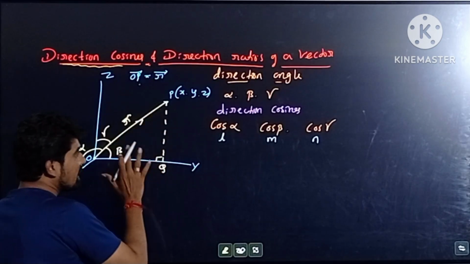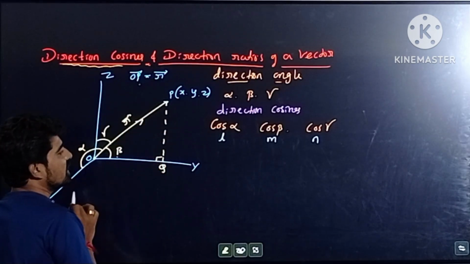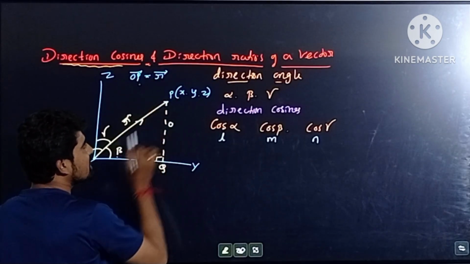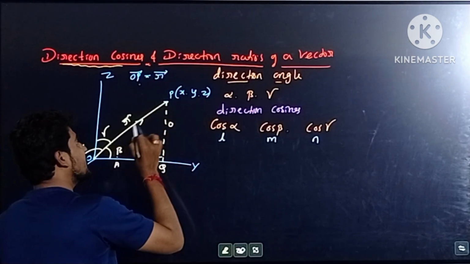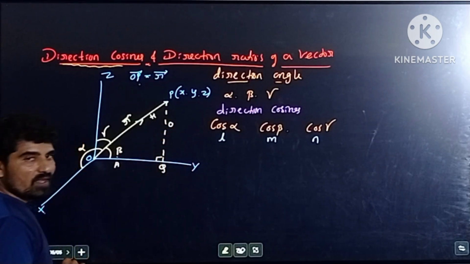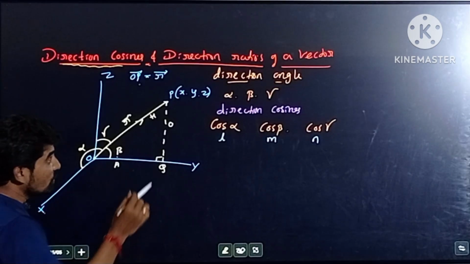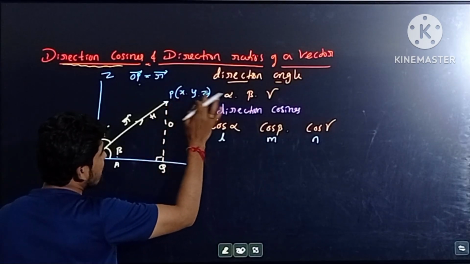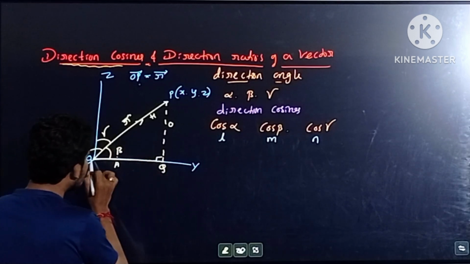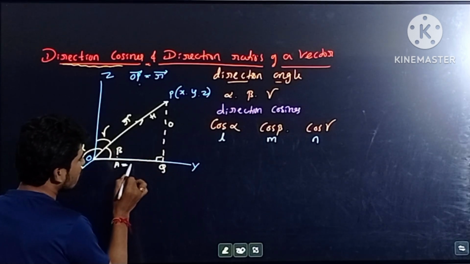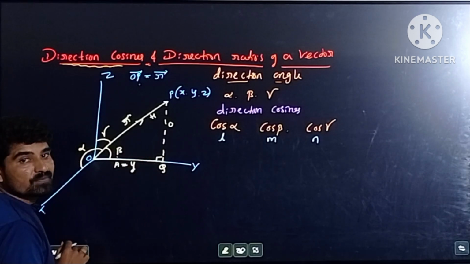For this right angle triangle, for the measuring angle beta, PQ is the opposite side, OQ is the adjacent side and OP is the hypotenuse. I hope all of you understood. As you know, if the point is x, y, z, then the y coordinate of the point P is y, hence the length of OQ is equal to y.